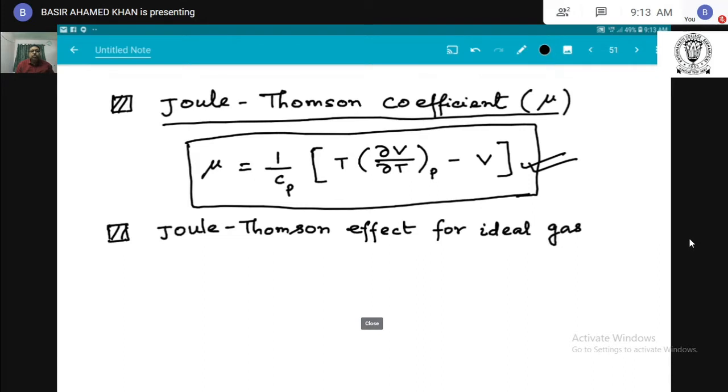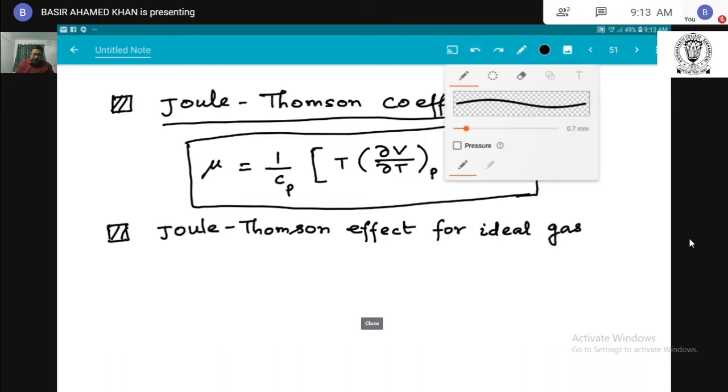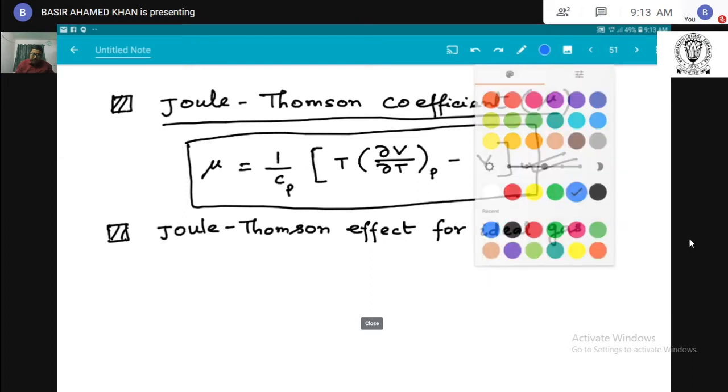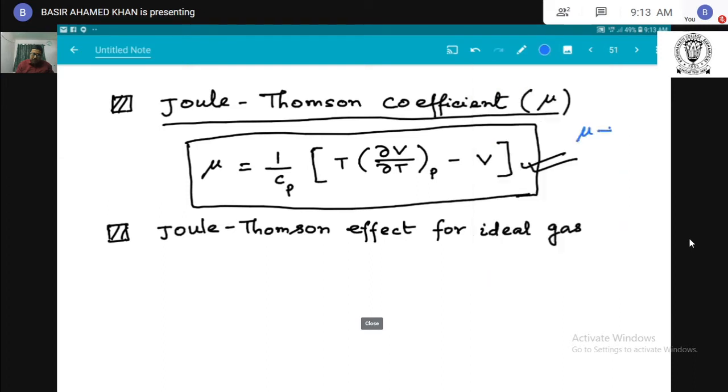We already talked about the interpretation of the Joule-Thomson coefficient. When mu is positive, after expansion in the Joule-Thomson porous plug experiment, the gas is cooled. And if mu is negative, then the gas after expansion in the porous plug experiment becomes hotter.